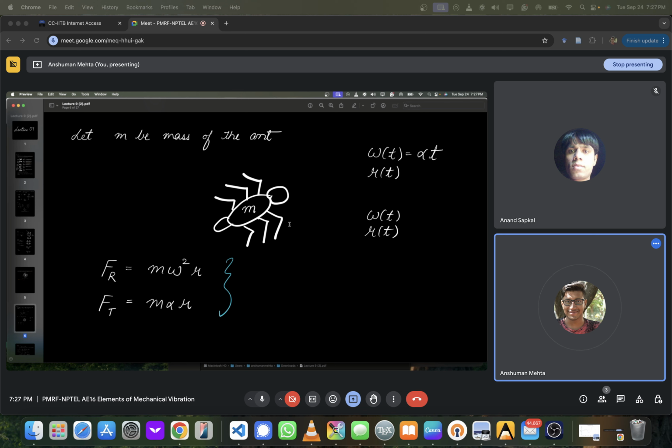Okay, let's say this ant has a mass m, the mass of the ant, and let's see what type of forces it would be carrying.